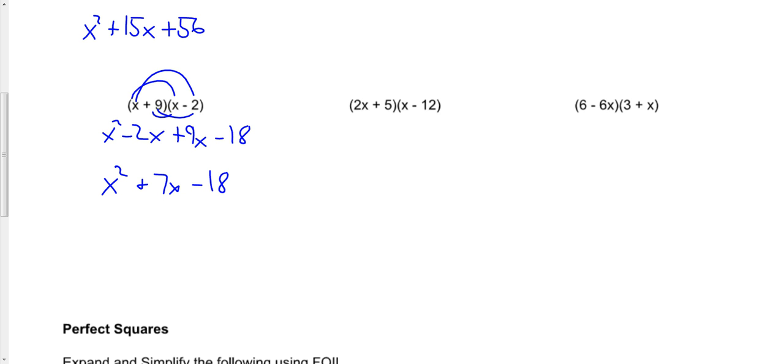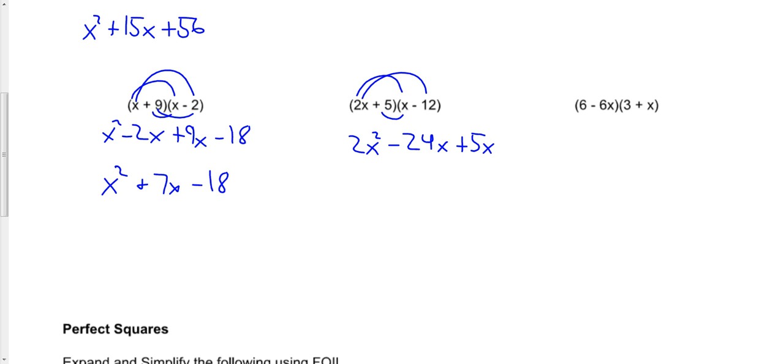So in the middle here, again, same thing. I'm going to multiply my first terms, in this case 2x times x. That gives me 2x squared. Then I'm going to multiply 2x times negative 12, so that will give me negative 24x. I can also multiply the inside terms, positive 5 times x, which gives me positive 5x.